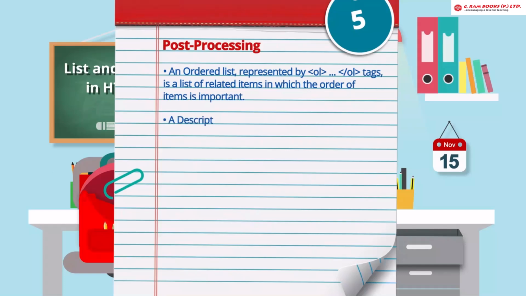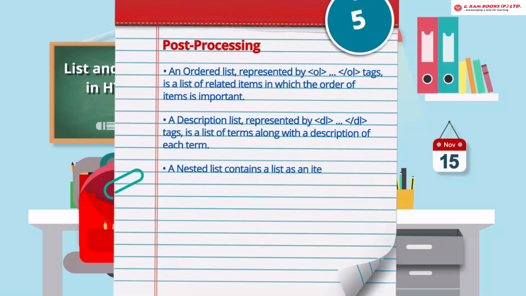A description list, represented by DL and /DL tags, is a list of terms along with a description of each term. A nested list contains a list as an item of another list. The image IMG tag is used to insert images on a web page.